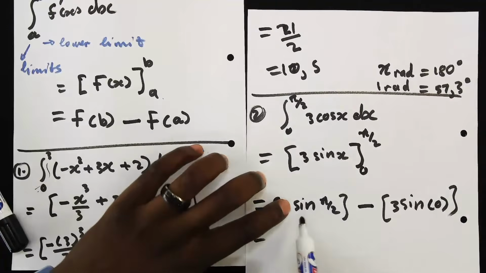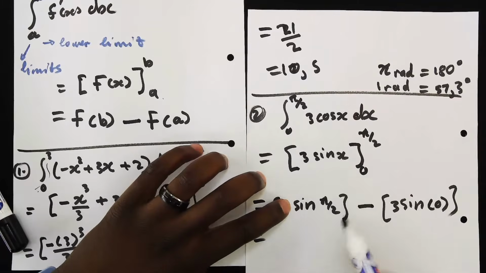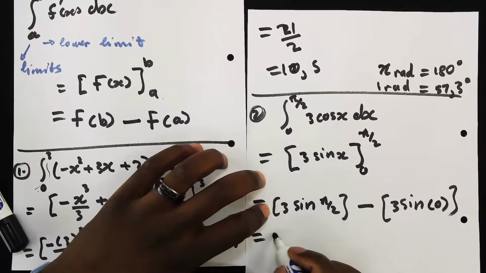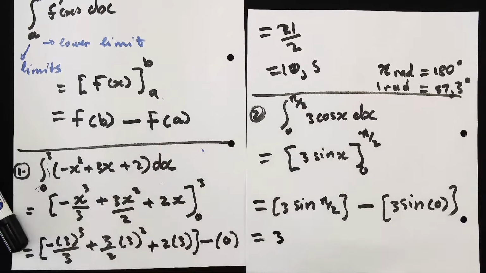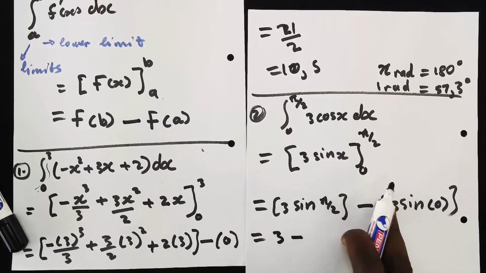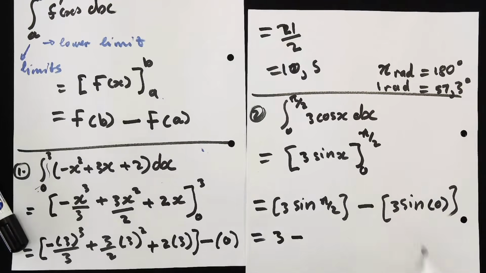So we know that sine at 90 degrees is what? It's 1. So at pi over 2, it is 1. Therefore, multiply by its coefficient there, which is 3. So which is 3. Therefore, minus, let me just put the minus 1. So we know that sine at 0 radians or 0 degrees is 0.